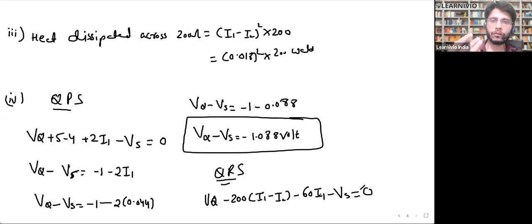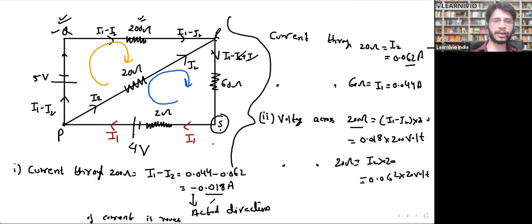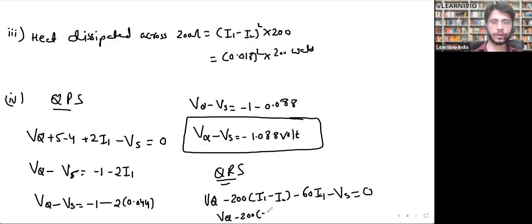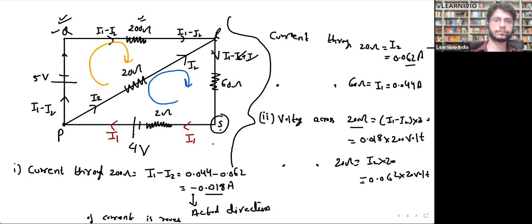Yes. Now, start substituting the values. How much is I1 minus I2? That we have already calculated. It's VQ minus 200 times (I1 minus I2). That I1 minus I2 is minus 0.018. Minus 60 I1. How much is I1? I1 is 0.04.